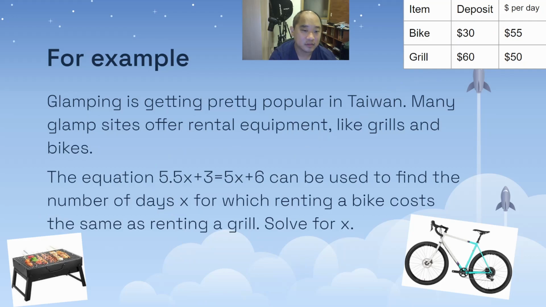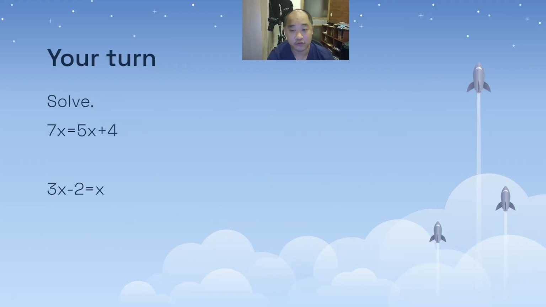Wow. This should be a short presentation, but I've really dragged it out. So here you go. Here's another one. We're going to subtract 5x from both sides. 2x equals 4. Divide by 2. X equals 2. And then in this case, it would be more steps to move this over to this side.